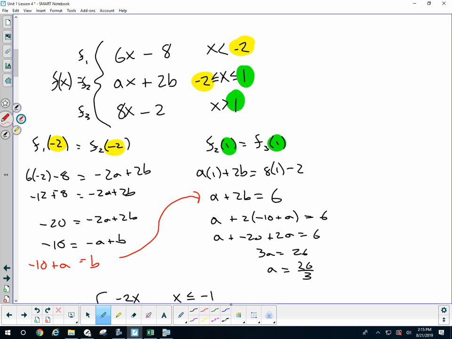Now, it's great. I already know what a is equal to, what b is equal to. b is equal to negative 10 plus a. So I could take this 26 thirds and just plug it in for a, and I'll find b.